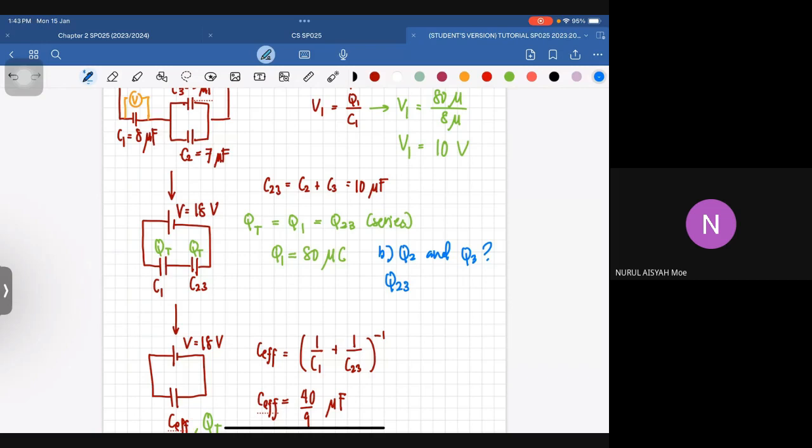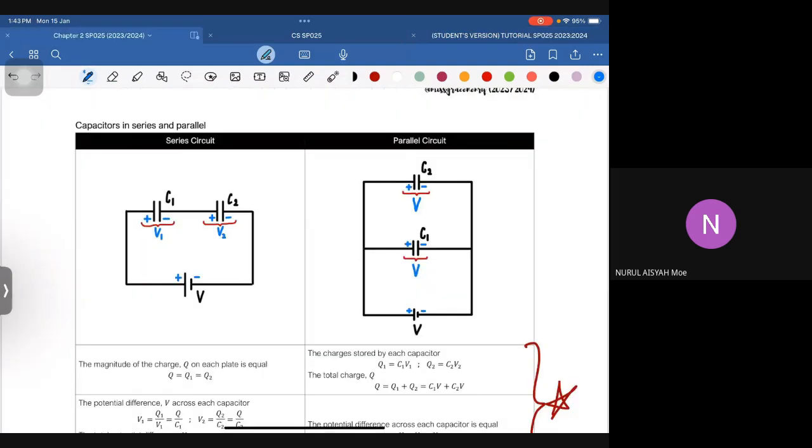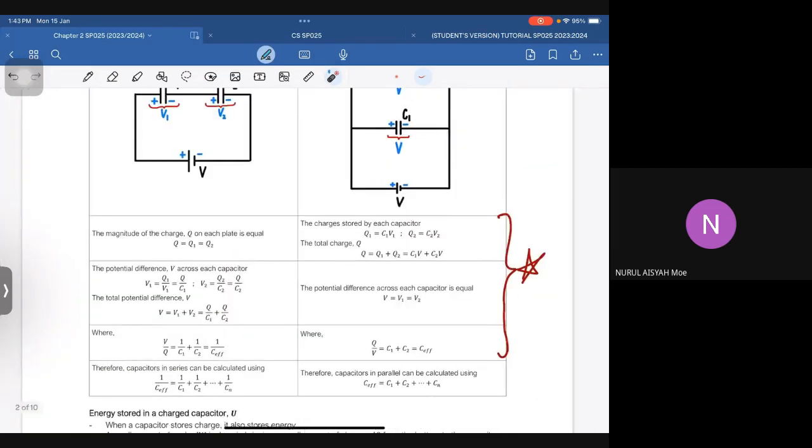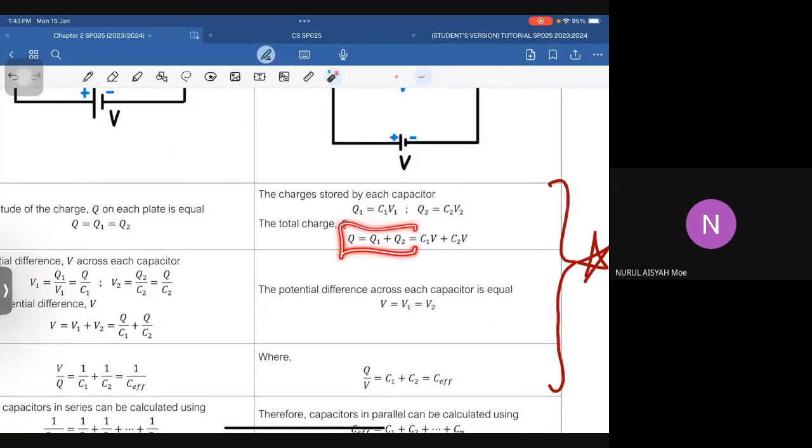Okay, so how do we find charge 2 and charge 3? If you remember, in a series circuit the charges are equal, but in parallel, there must be the addition of the two capacitors. If you don't believe me, look back at the table for characteristics of a parallel circuit: charge must add up. So it is not equal.